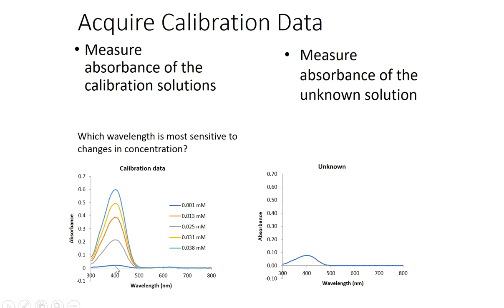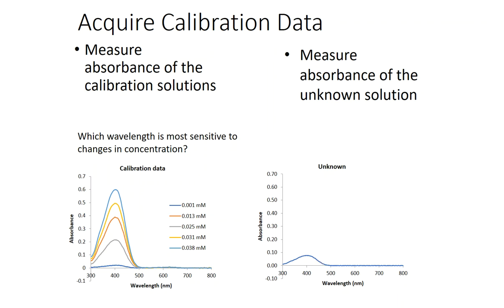So picking a wavelength around 400 makes sense because there's big changes with concentration at that wavelength. Picking a wavelength of 700 doesn't make sense because that doesn't respond to concentration. So we'll measure the absorbance for each of the standards, and we'll measure the absorbance for our unknown solution.